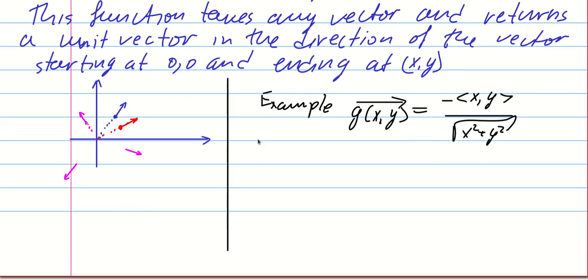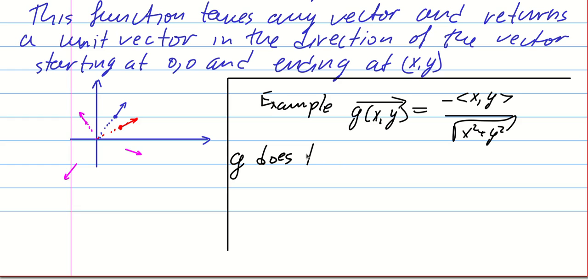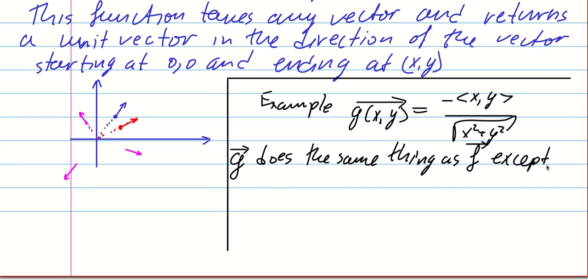That means that g does the same thing as f. Maybe we'll mark it with the vector signs, except all the vectors, or the unit vectors, point towards the origin.